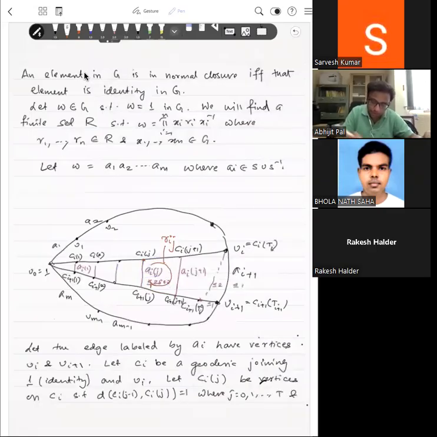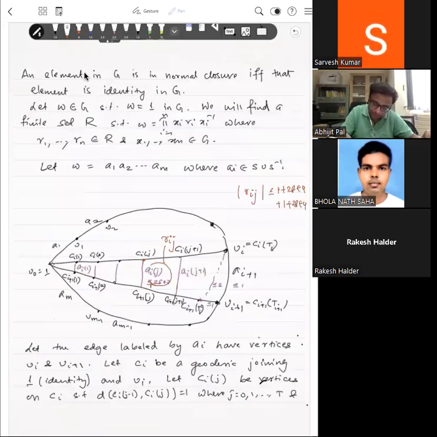So what will be the length of this Rij? It will be at most 2 delta plus 4, plus 1, plus 2 delta plus 4, plus 1. So it is uniformly bounded.